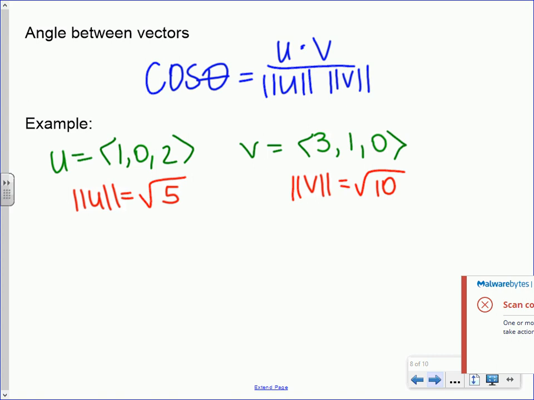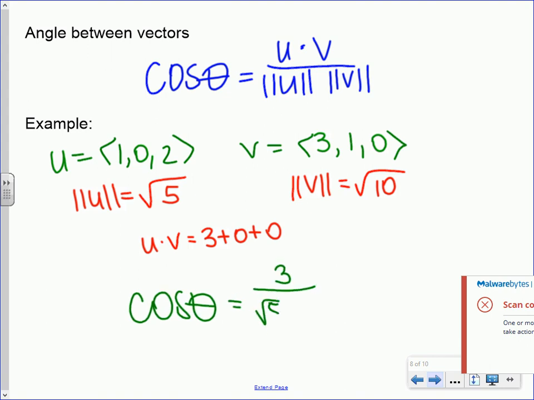And then, oh, and we need our dot product, right? u dot v would be 1 times 3 plus 0 times 1 plus 2 times 0. That's kind of boring, huh? So the cosine of theta is 3 over square root of 5 times the square root of 10.